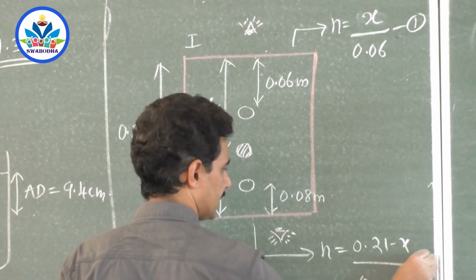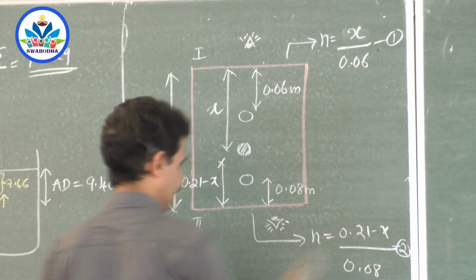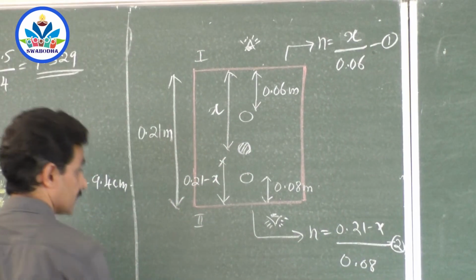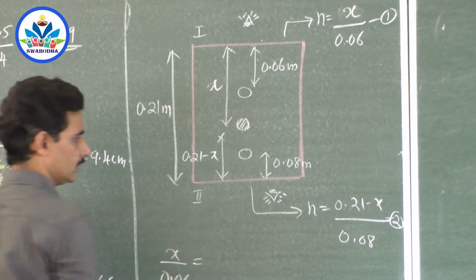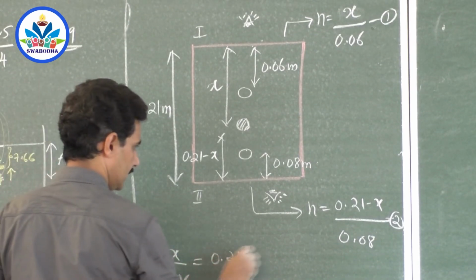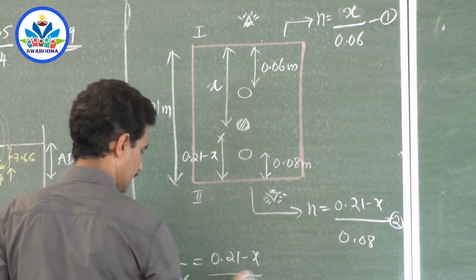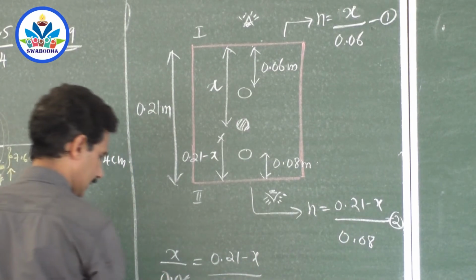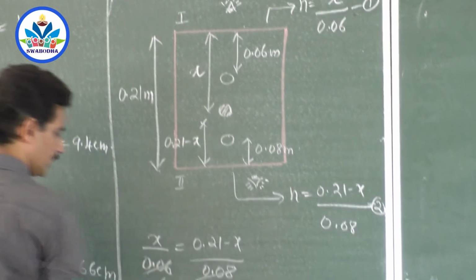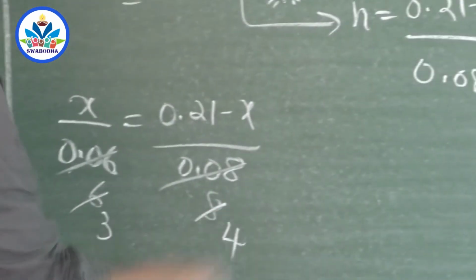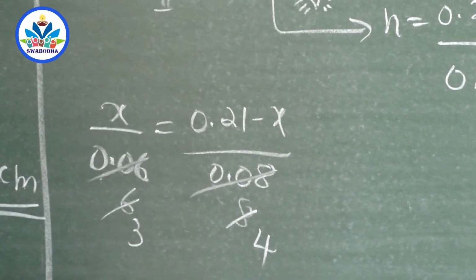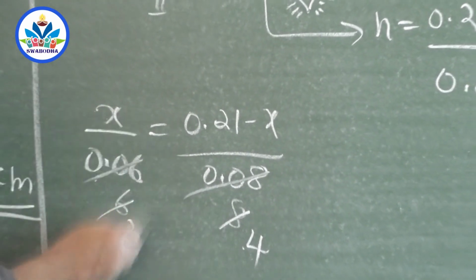Now left hand sides are same for these two equations. Why can't the right hand sides be? So X by 0.06 is equal to (0.21 minus X) by 0.08. I can take it as 6 and 8 because 0.01 is common in both, that I can cancel. 2 3s are 6, 2 4s are 8. 4X is equal to, what is here?